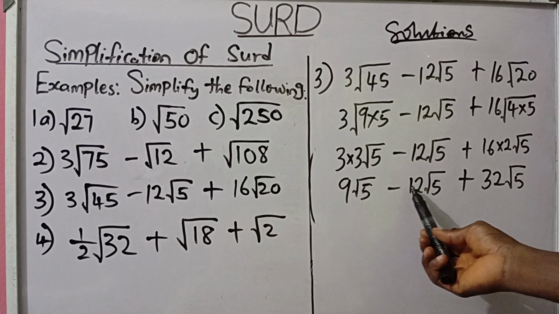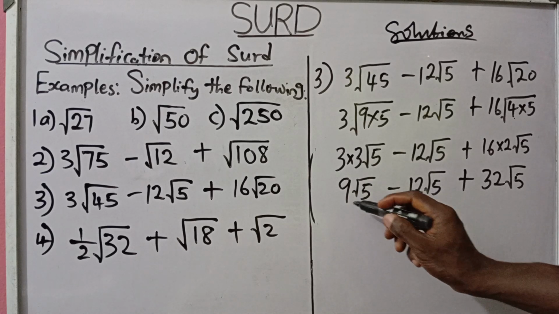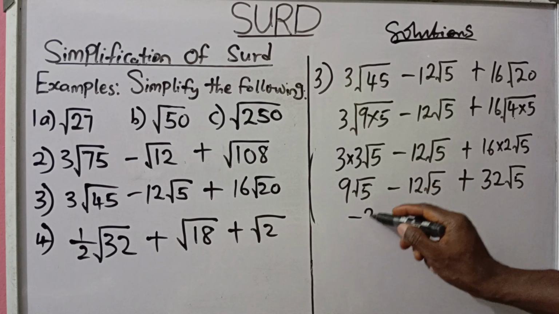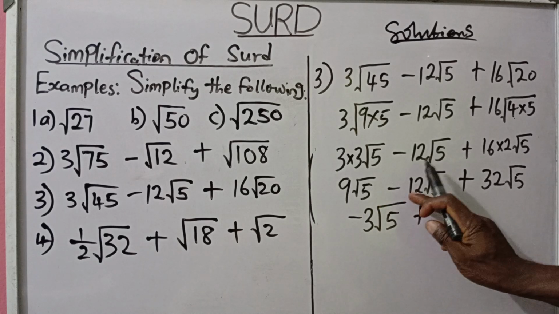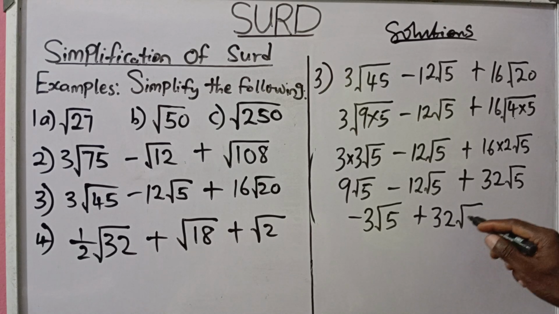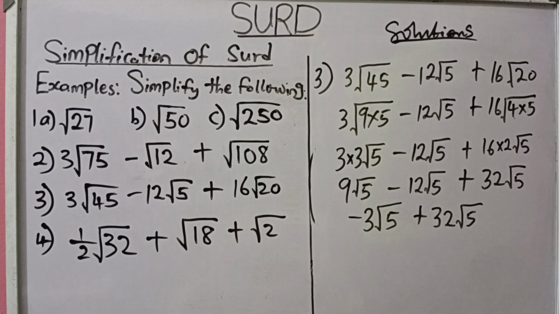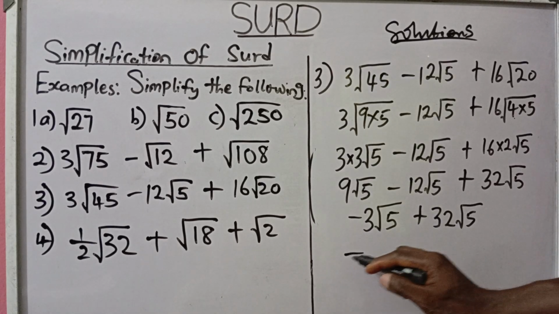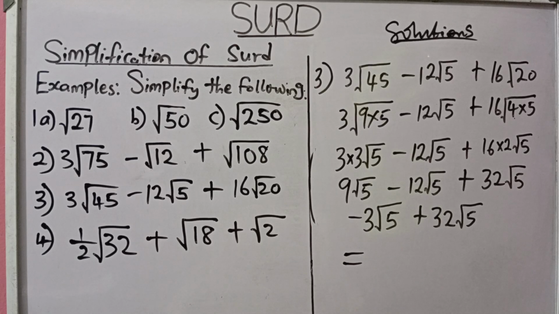Now let's group them together. 9 root 5 minus 12 root 5 will give us, 9 minus 12 gives us minus 3, both of them root 5, plus 32 root 5. Both of them are still like surd. So to get the answer finally, minus 3 plus 32, what do you think we're going to have there?